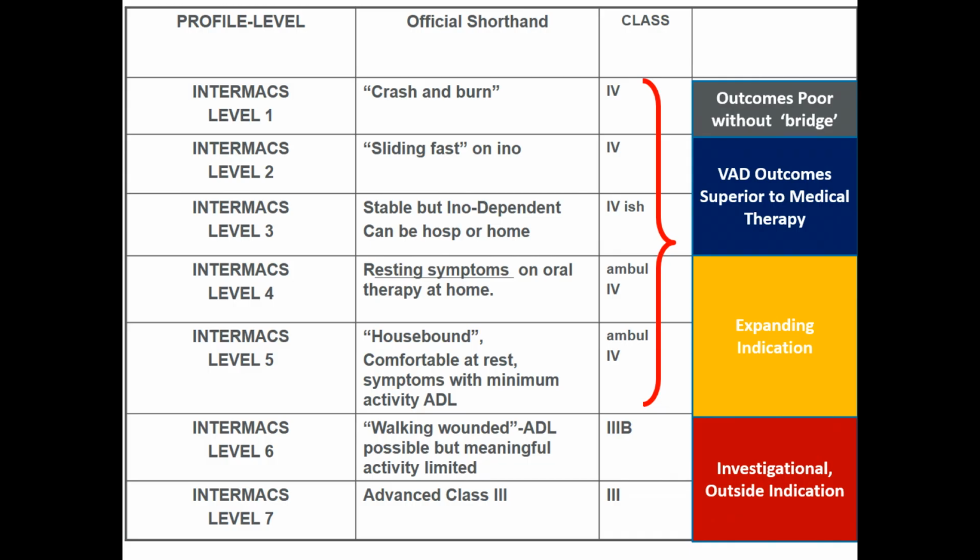Those with INTERMACS level 4 and 5 are at the margin of the indication and may reflect patients who might be a little too well for durable support but are being considered as the device complication rates go down. And those who are at the best end of the spectrum, the INTERMACS 6 and 7 patients, are in the investigational portion of the spectrum, likely too well to be considered routinely for mechanical support.